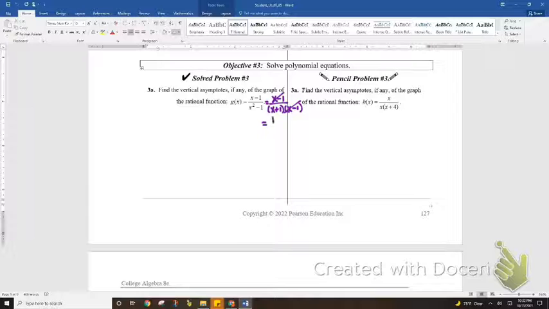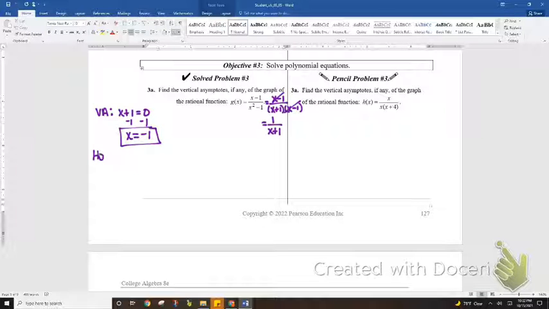So I don't have anything left on top, so I put 1 over, and then I have an x plus 1 in the denominator. Remember, your vertical asymptotes are your uncancelled factors of the denominator equal to 0. Well, we have that x plus 1 still in the denominator, so it was uncancelled. Set it equal to 0 and solve. And so we have a vertical asymptote at x equals negative 1.